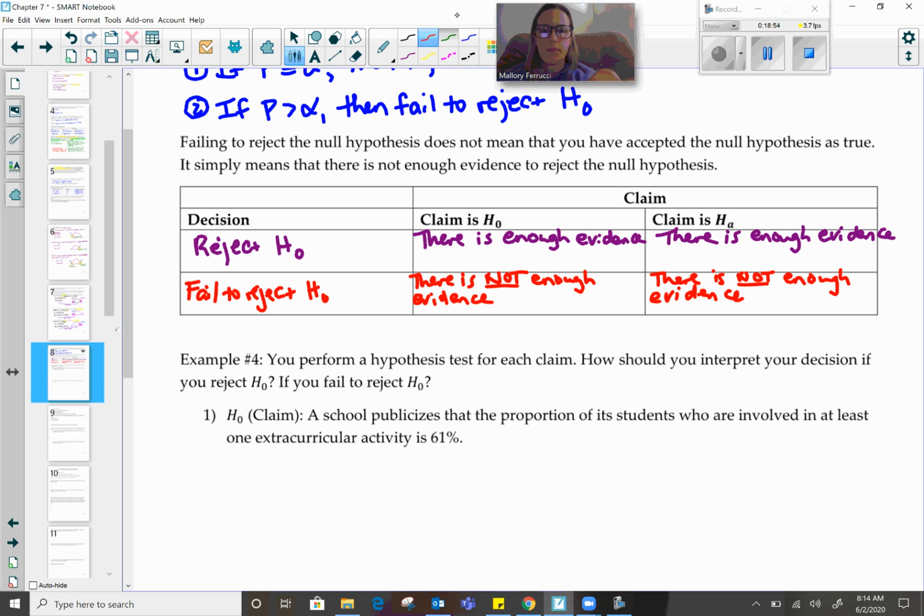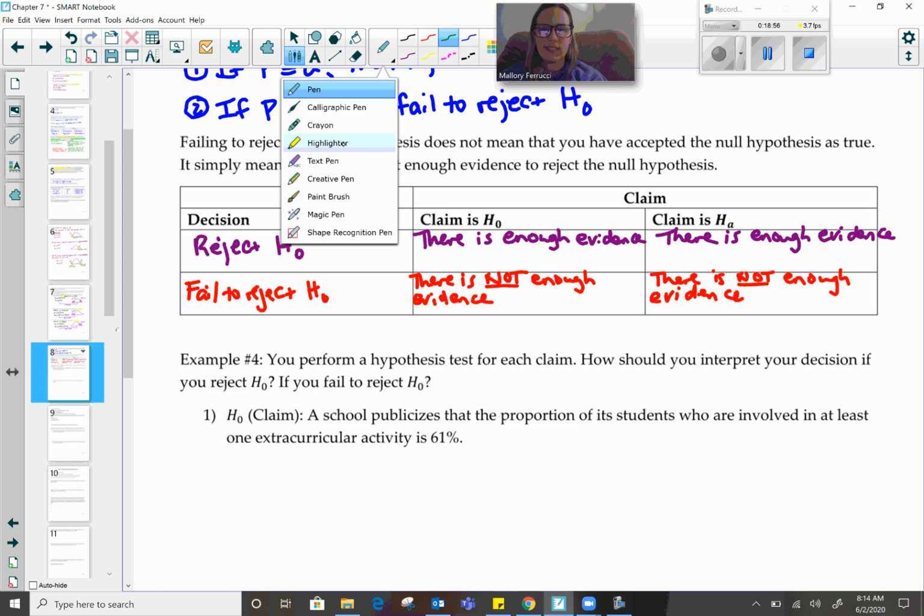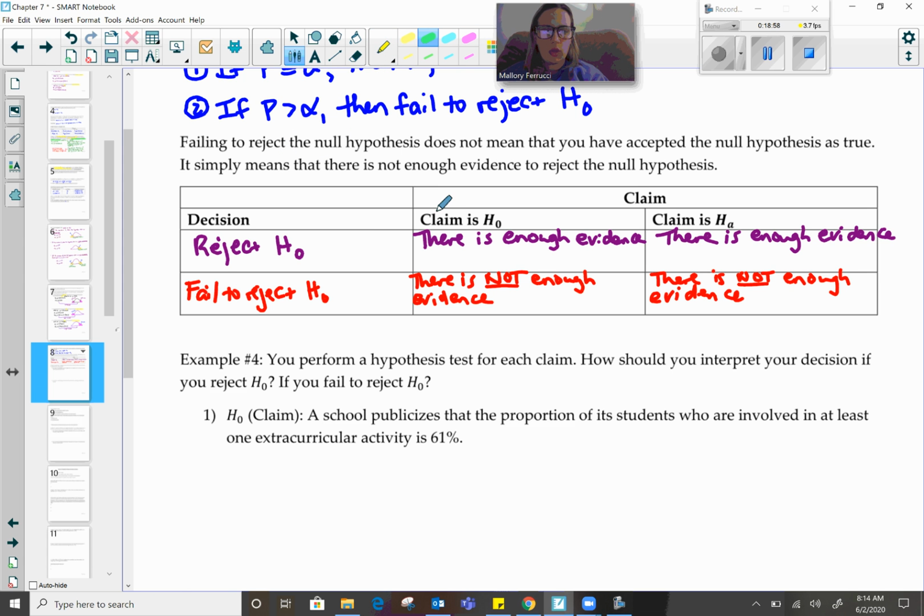So now I'm going to do this in green. Okay, I'll do it in green pen, but I just highlighted it in green. So if the claim, no matter what the decision was, if the claim was the null hypothesis, then you would end it with to reject the claim.